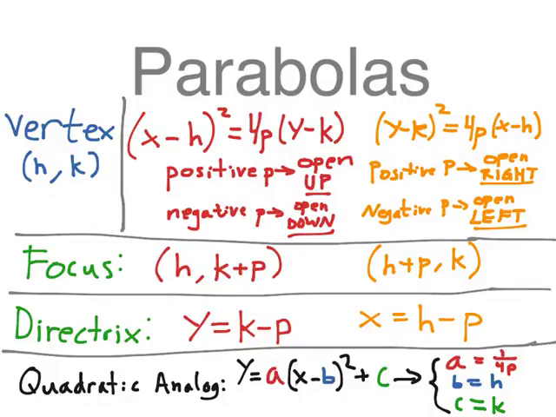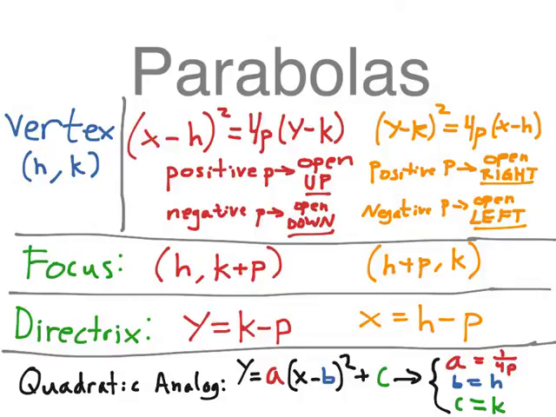Also, I've written in a quadratic analog. In the lesson on quadratic functions, we learned that it's really convenient to write quadratic functions of the form y equals a times the quantity x minus b squared plus c.